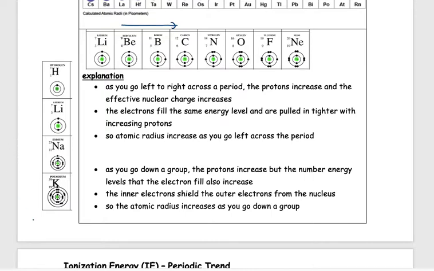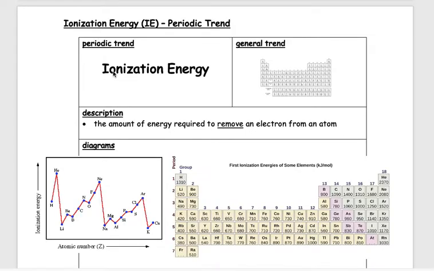So as you go down, the distance is increasing, therefore the radius will increase. And with the ionization energy, we found the trend was that as you went up and this way, so it's the opposite of the atomic radius, the ionization energy was increasing when you go up the family and across the period.